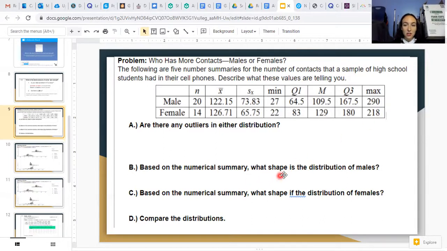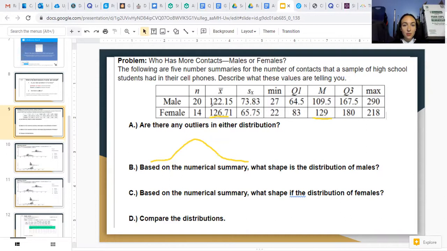And then when you're asked for the shape, we've only talked about finding the shape of a distribution based on the drawing. So you might be comfortable determining the shape of a drawn distribution, but you can also use what you see here. Remember that if the median and the mean are close, that probably means that you're looking at a symmetrical distribution.